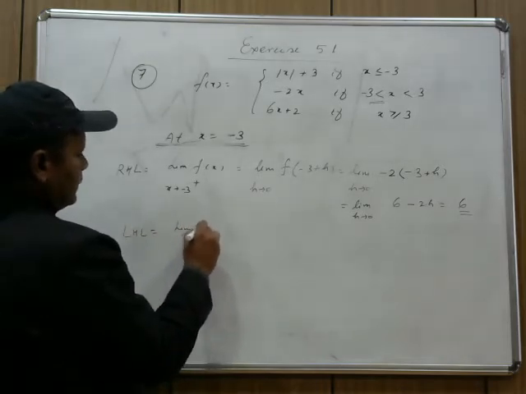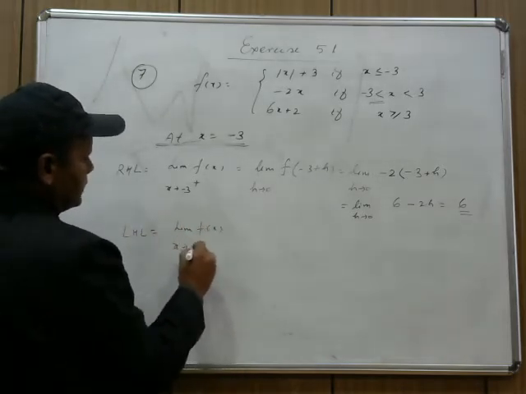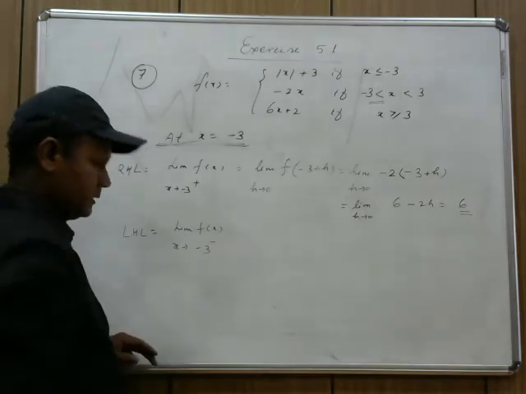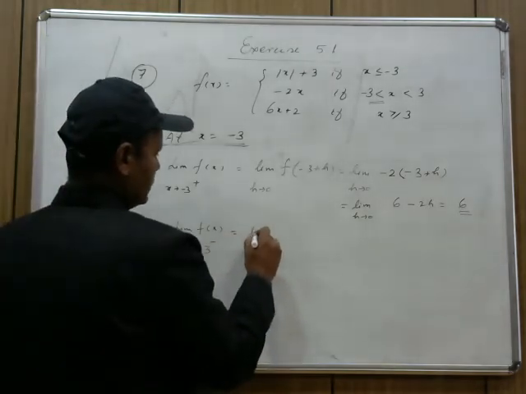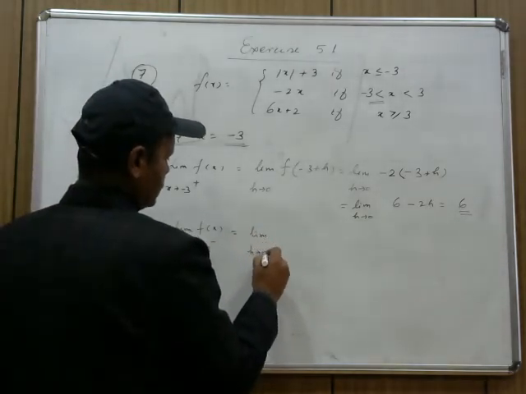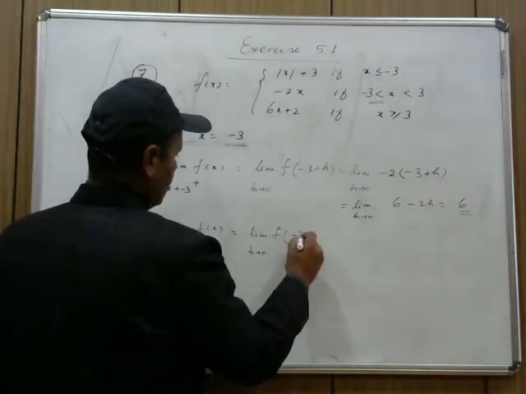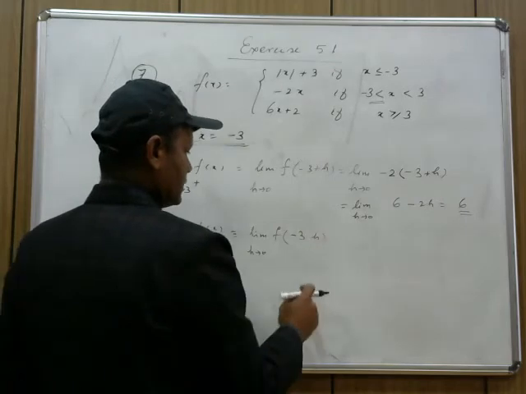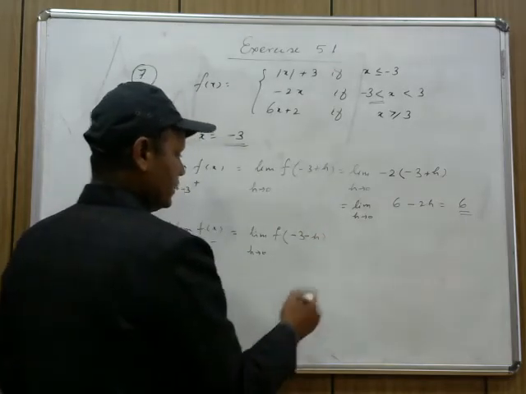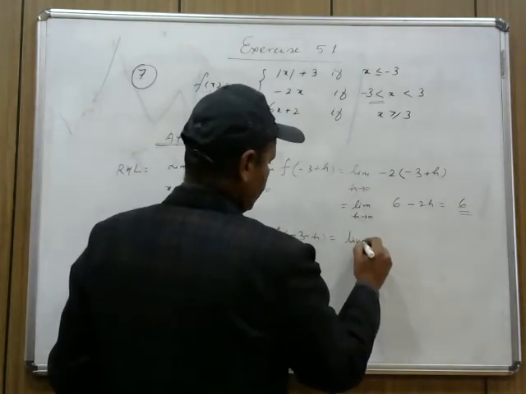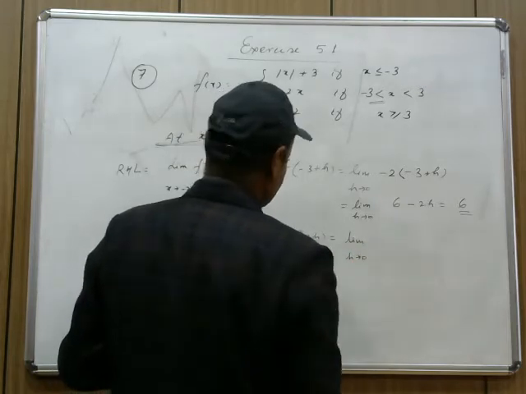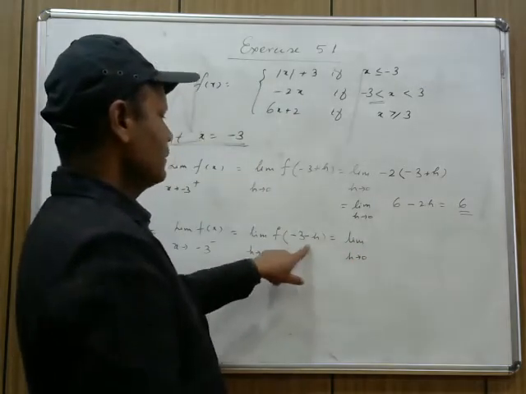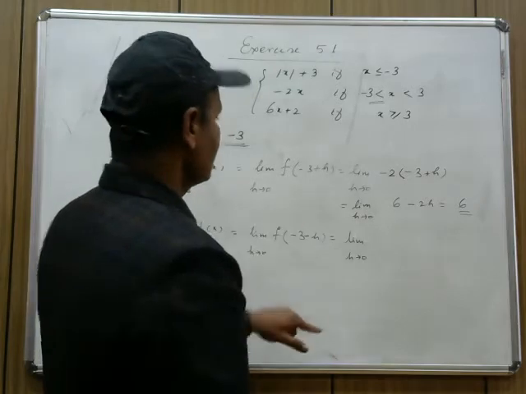Limit f(x) as x tends to minus 3 minus, that is equal to limit as h tends to 0 of f(minus 3 minus h). Minus 3 minus h is just less than minus 3.